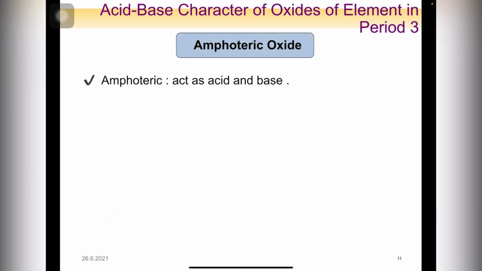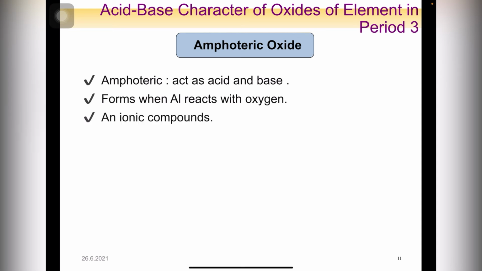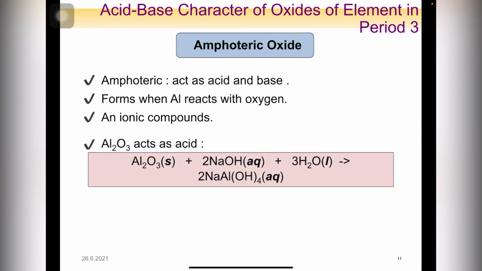Amphoteric oxide. Amphoteric means that it can act as an acid or a base. It forms when aluminium reacts with oxygen, and it is an ionic compound. So this is the equation when it acts as an acid: it will react with the base.